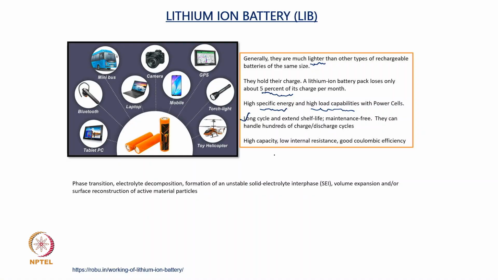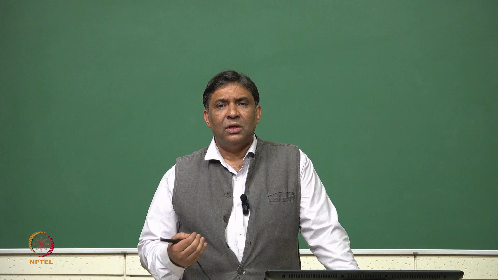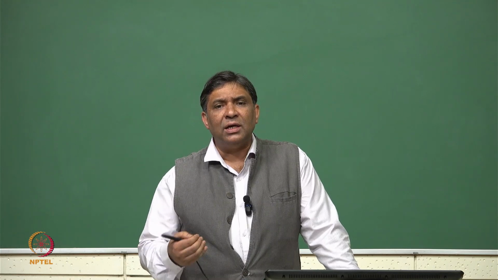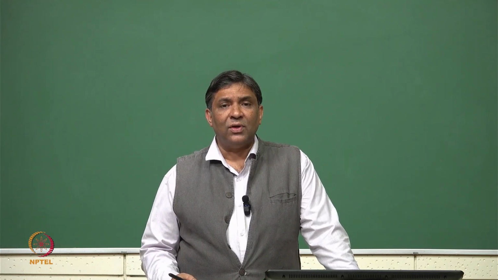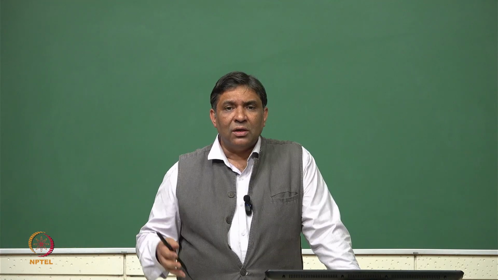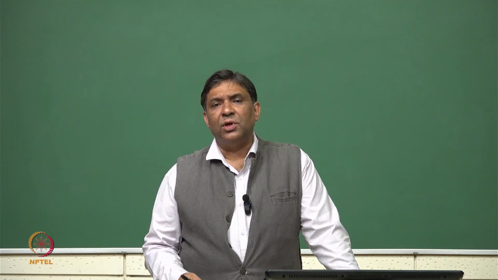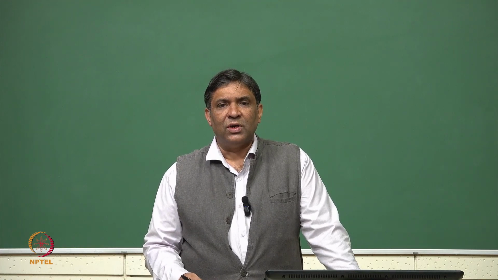Okay. So, it has high capacity, low internal resistance, good coulombic efficiency. So, there are several properties of lithium ion battery which keep it ahead of many other energy storage devices as far as the important day to day electronic appliances are concerned.